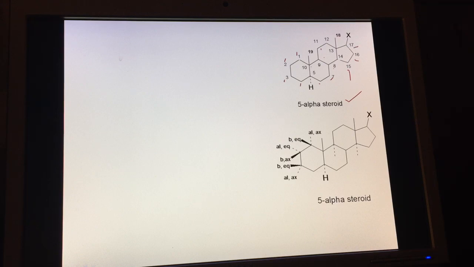Now there are angular methyl groups at position number 13 and position number 10, and they are called C18 and C19. Then we have a side chain at position number 17. It is represented as X over here.